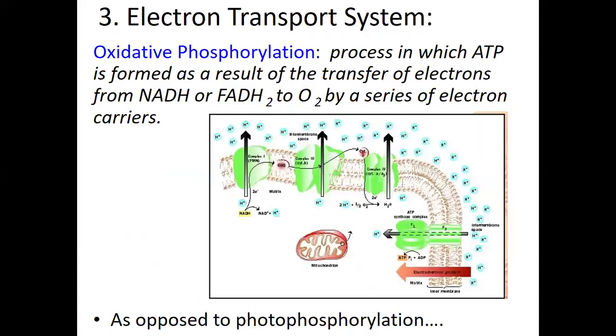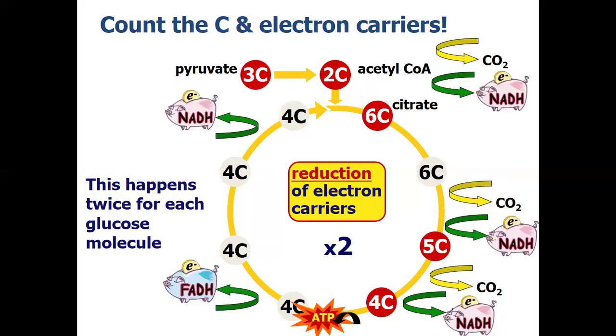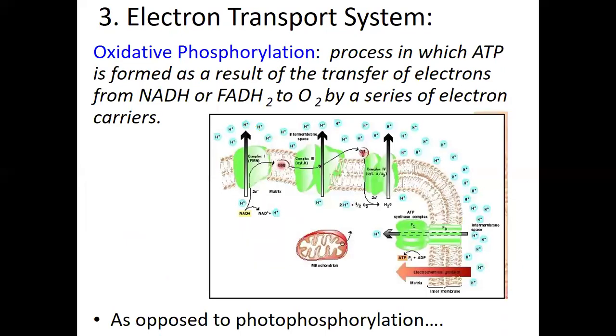So in the electron transport chain, we have both the electron transport chain and the oxidative phosphorylation.